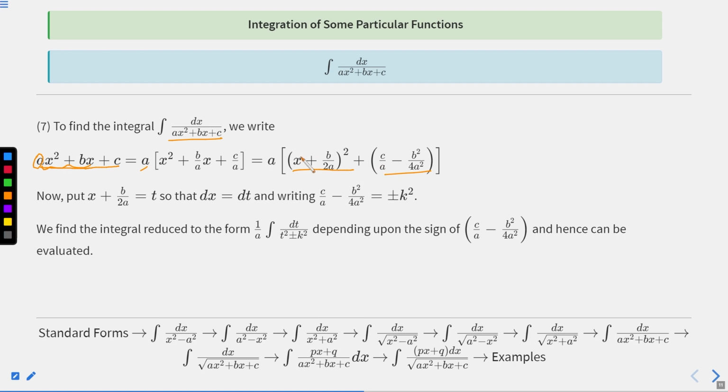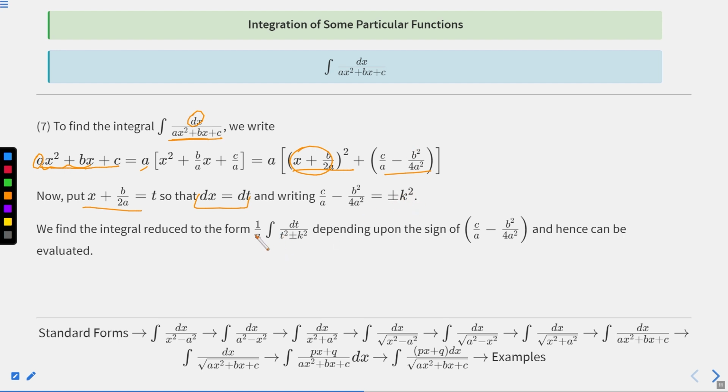Now you will put this as your t. Putting this as t, you will have dx by dt, so you can directly replace dx by dt. So this expression can be reduced to a times t square plus or minus some constant k square.